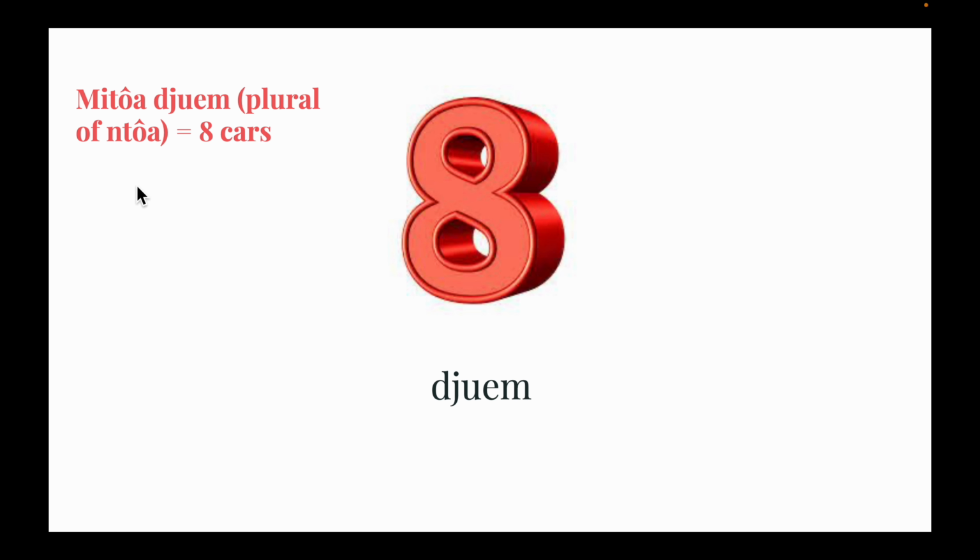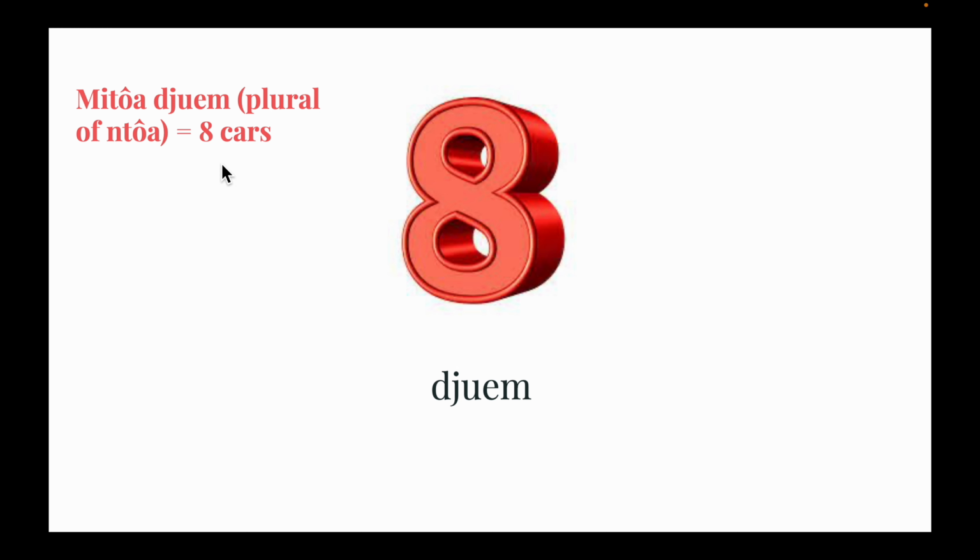Now, a new word, ntoa. Ntoa is how you say car in Bassa'a. To say eight cars, the plural of this N changes to mi. So one car would be ntoa yara.